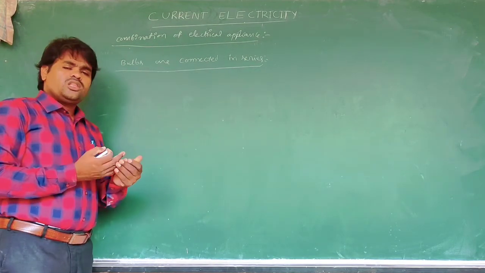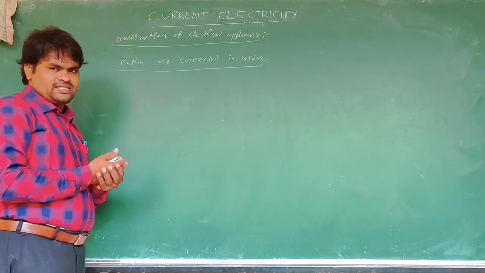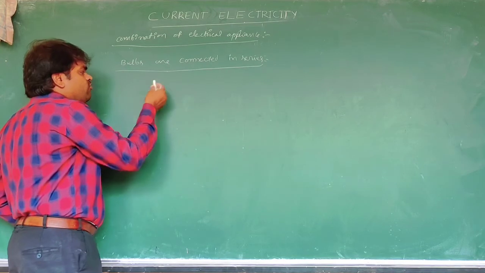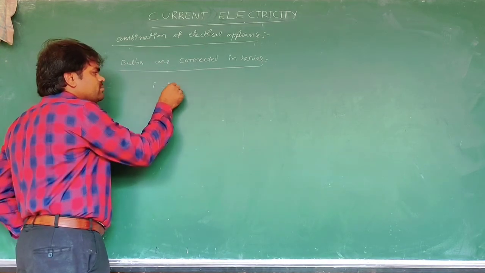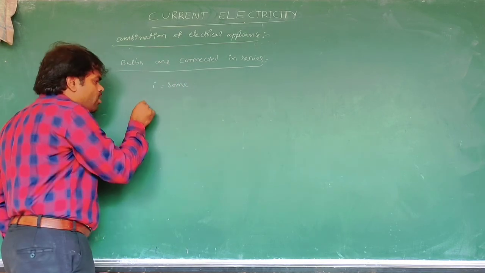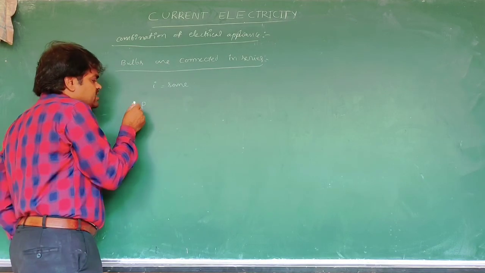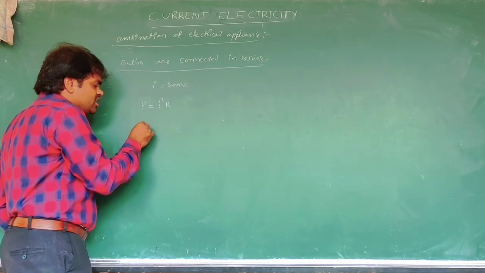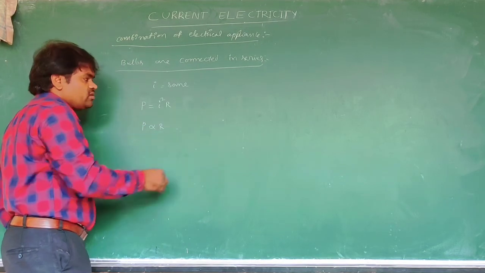If the bulbs or electrical appliances are connected in series, the current flowing through them is the same. Current is the same, so the power consumed or dissipated P is equal to I square R. That is, P is proportional to R in the series combination.